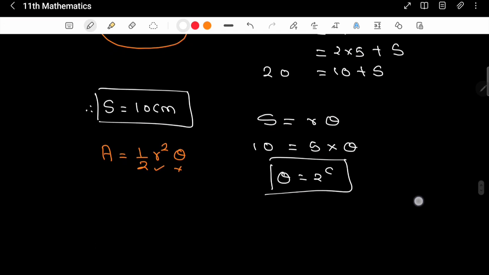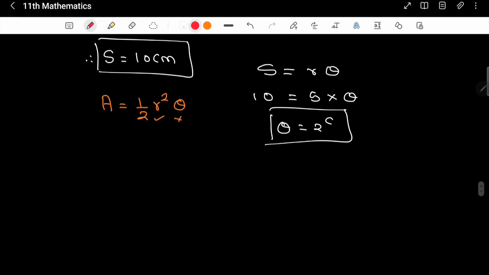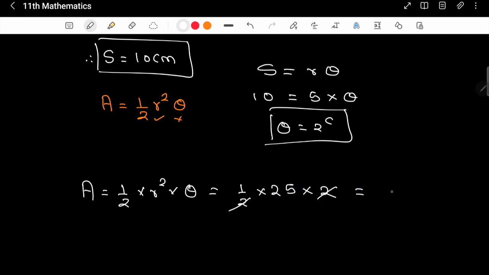Now substituting that value of theta in the formula for area, area is half into r square into theta. Theta again should be in radians. So we have half into 25 into theta is 2. 2 and 2 get cancelled. So the area is 25 square centimeter.